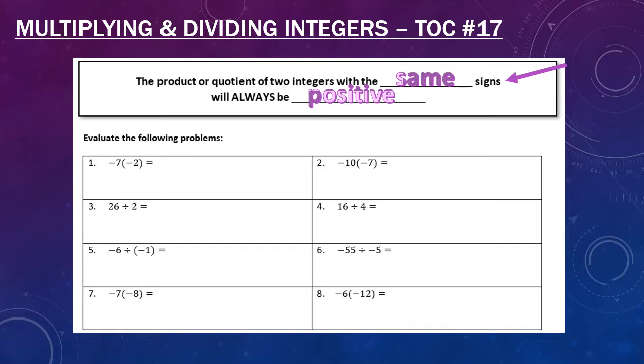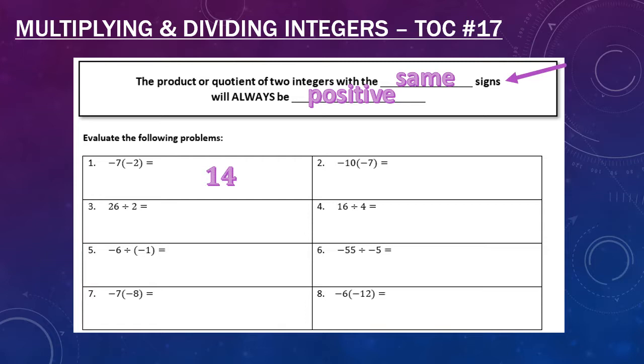That means multiplication. It does not mean -7 minus 2. Be careful. Make sure you understand that parenthesis notation can mean multiplication. So this means -7 times a -2. Negative times a negative, they have the same sign that will result in a positive 14.